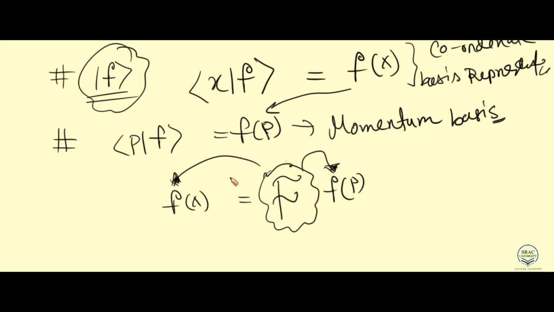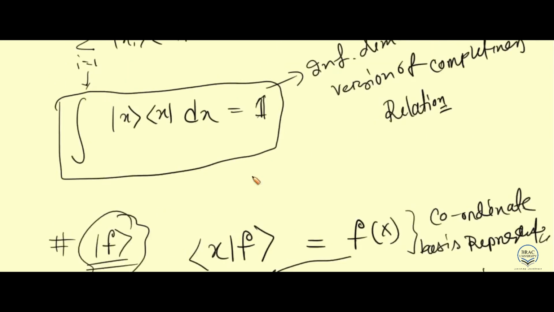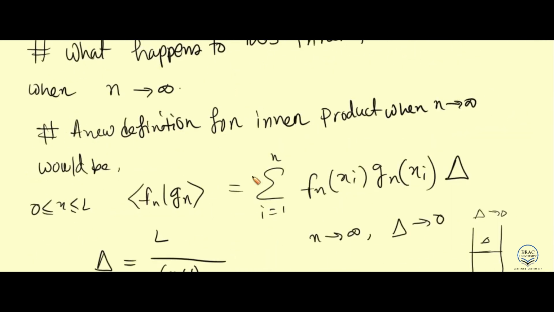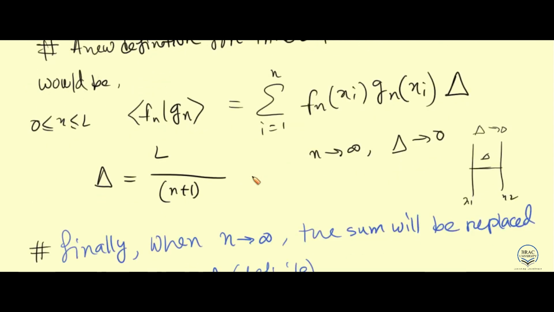So this will be it for today. I hope you understood how to start from scratch, that is the finite dimensional space, and go to the infinite dimensional space. And in the next lecture we are going to talk about a peculiar function, which is not a function at all, rather called a distribution.